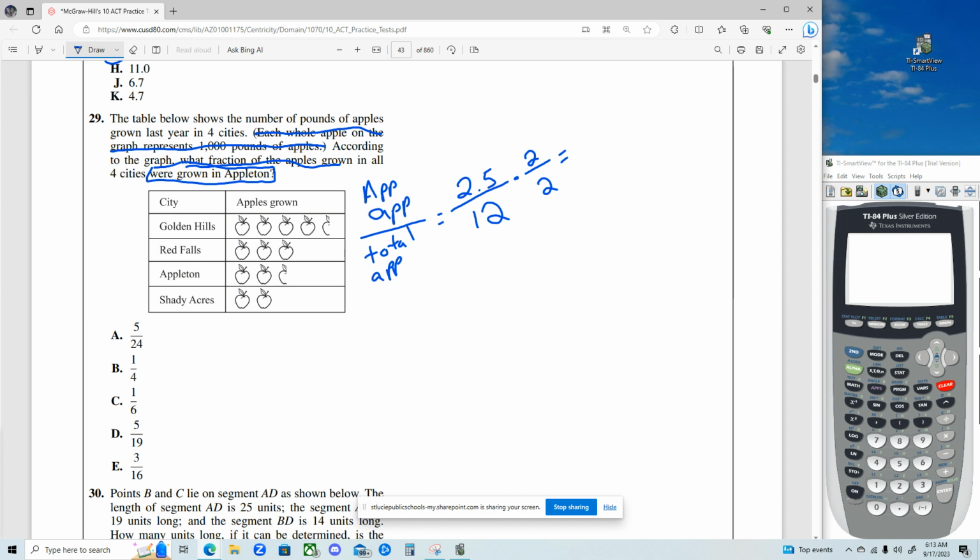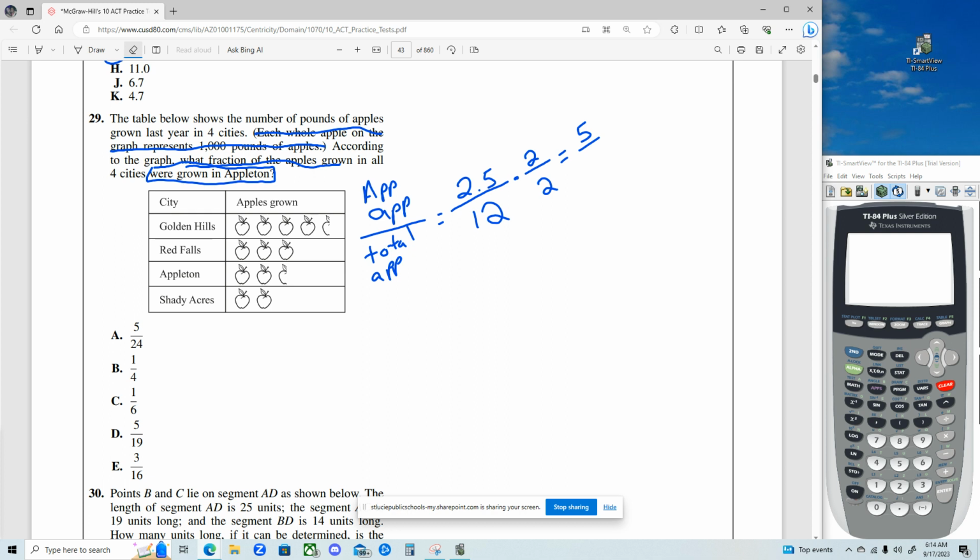2.5 times 2 would be 5, and 12 times 2 would be 12. No, not 12. 12 times 2 would be 24.